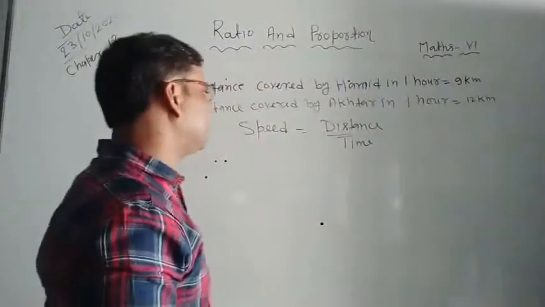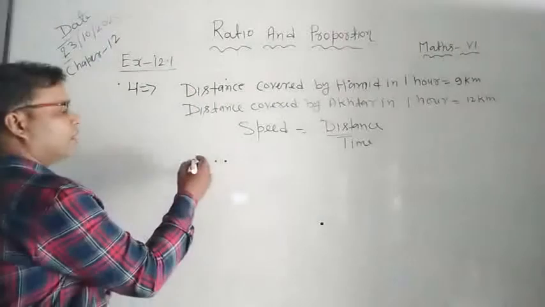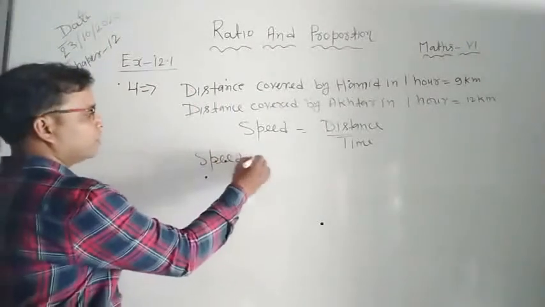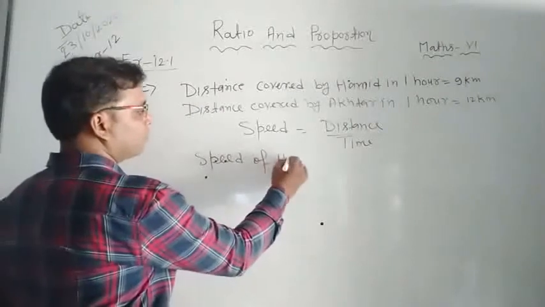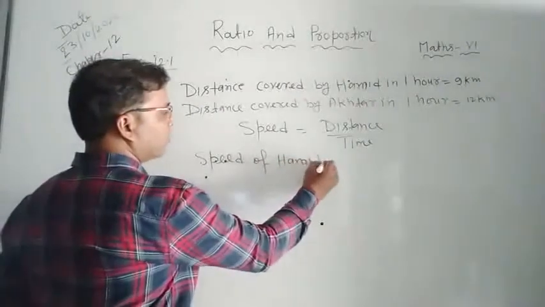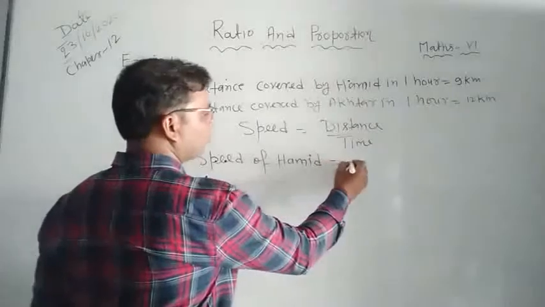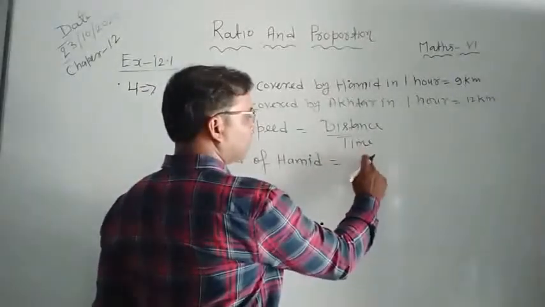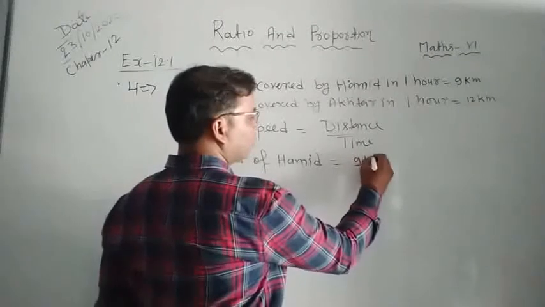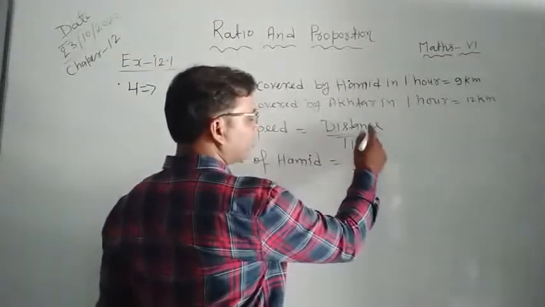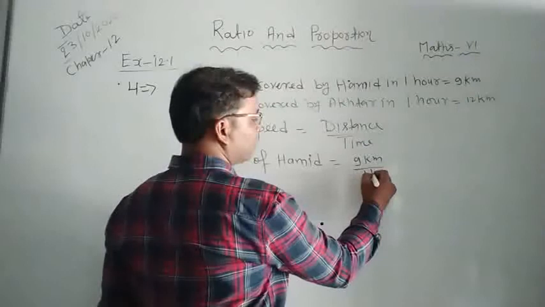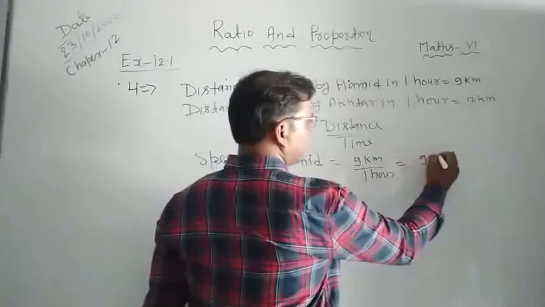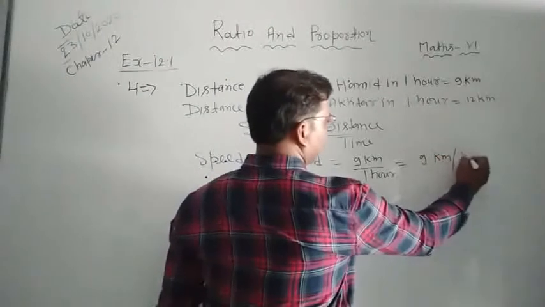So you find the speed of Akhtar. First find the speed of Hamid. Speed of Hamid is equal to distance 9 km, time 1 hour. So speed is equal to 9 km per hour.